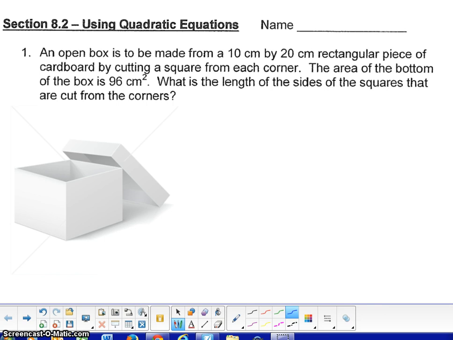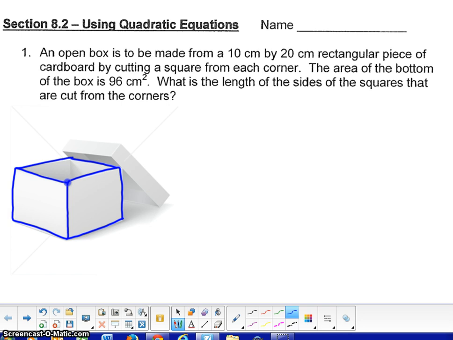So number 1 begins with an open box. Now, before we can understand the problem, we need to understand what this open box is representing. You can see right here, this open box has different sides. This particular one looks like it has square sides, and then some other ones you may have rectangular sides, which is definitely the case in our problem here.